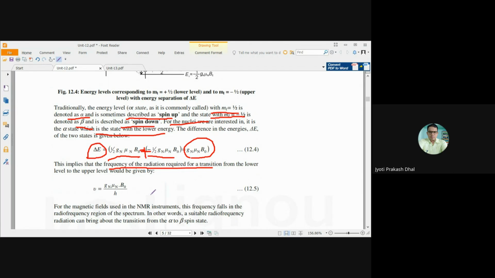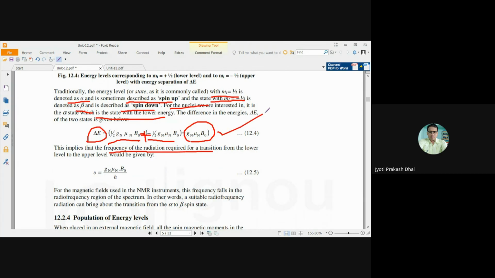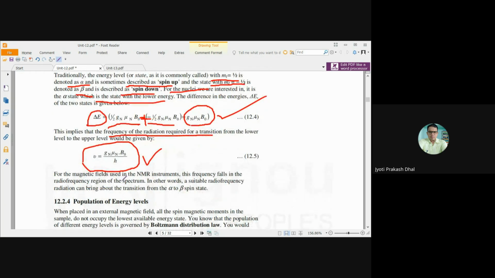So h nu equals del E, or nu equals del E divided by h, and we have calculated the value of del E as g_n mu_n B0. So the frequency nu equals g_n mu_n B0 divided by h. For the magnetic field used in the NMR instrument, this frequency falls in the radio frequency region of the spectrum.